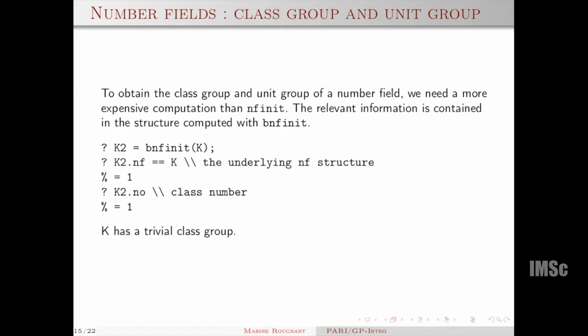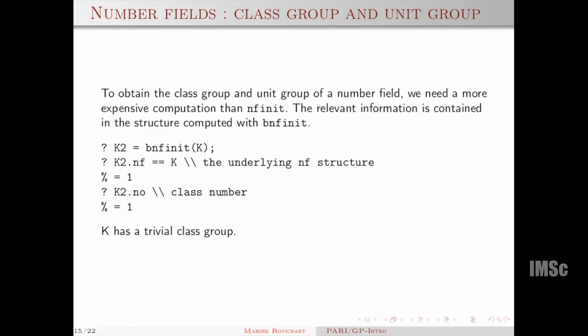Here you can put either your defining polynomial or an NF structure. If you already have an NF unit of something, use it, because it will not compute again everything which is already known. So I denote it by K2. K2 is exactly the same as K plus other things, so you can recover K, the NF structure, by putting .NF.